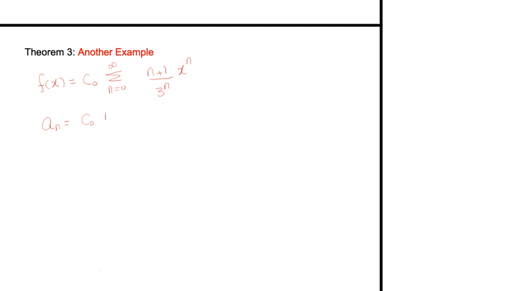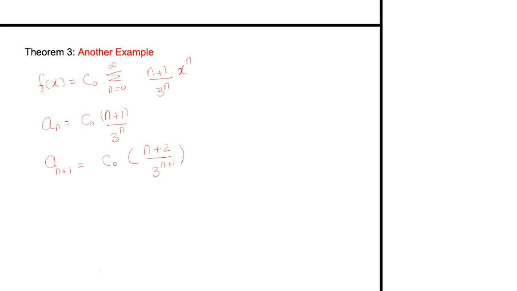Already we know that there is a summation over n, so I am writing it c naught times n plus 1 divided by 3 to the power n, and a_(n+1) will be equal to c naught. The numerator becomes n plus 2 and the denominator will become 3 to the power n plus 1.